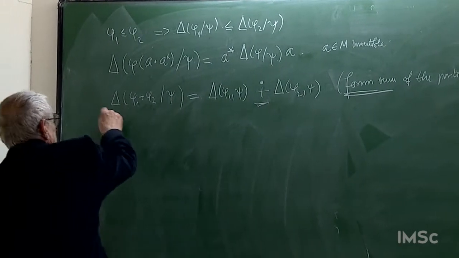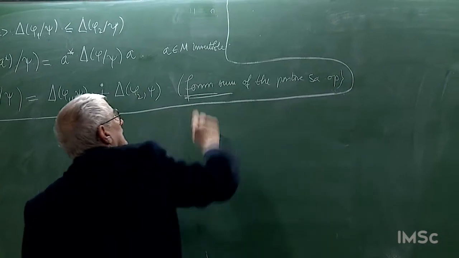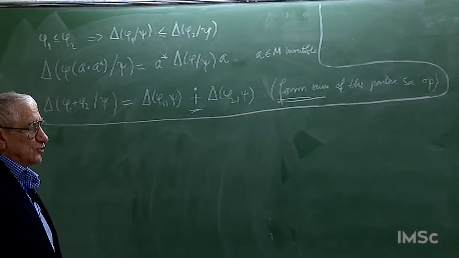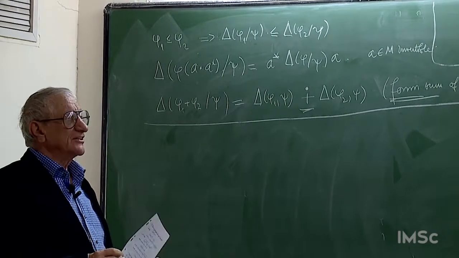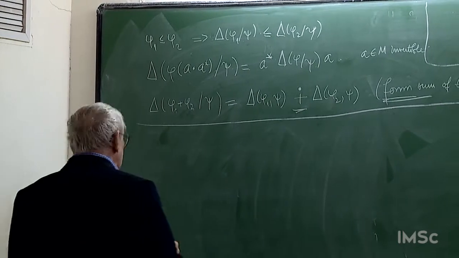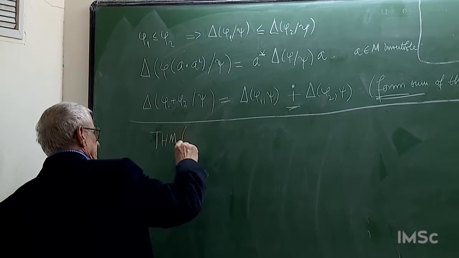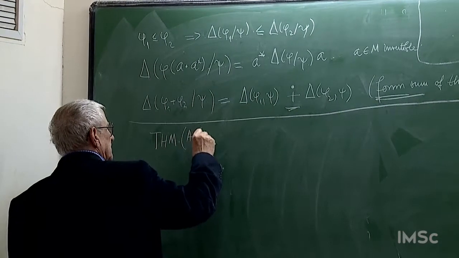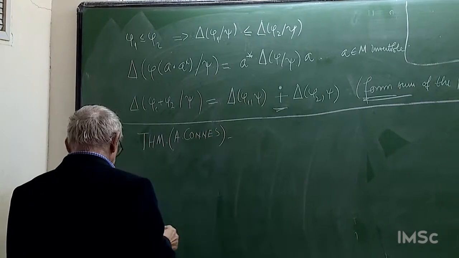Well, a second very important theorem of Alain Connes is the characterization of these operators, delta phi psi. So you have a second theorem, again by Connes, which says the following thing.